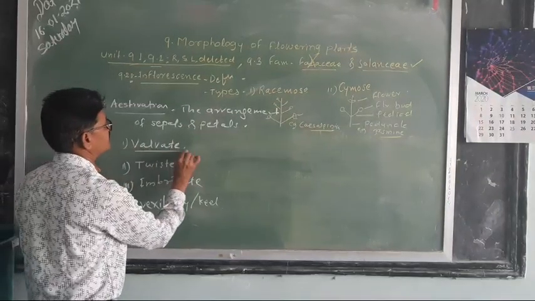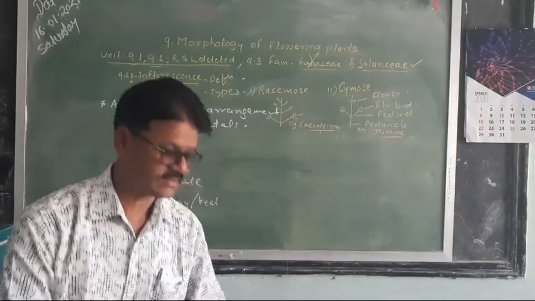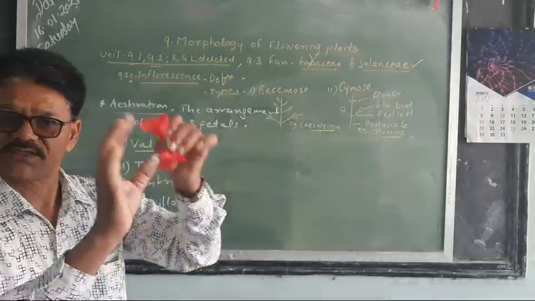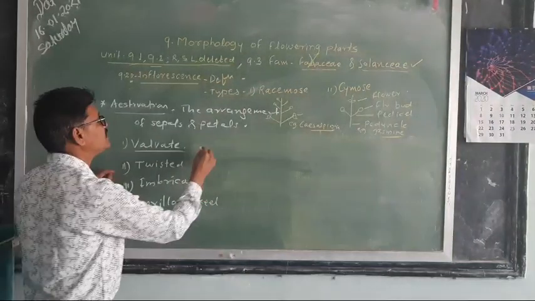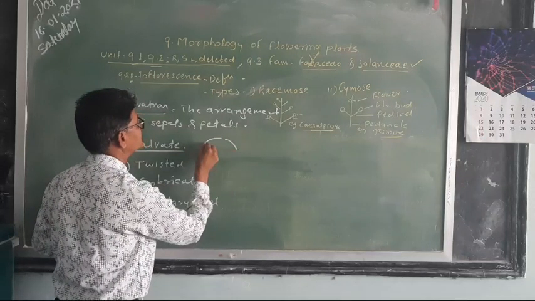In the first one, before starting that, I want to explain. This is calyx, this is corolla, and here the calyx and corolla are arranged in this fashion.